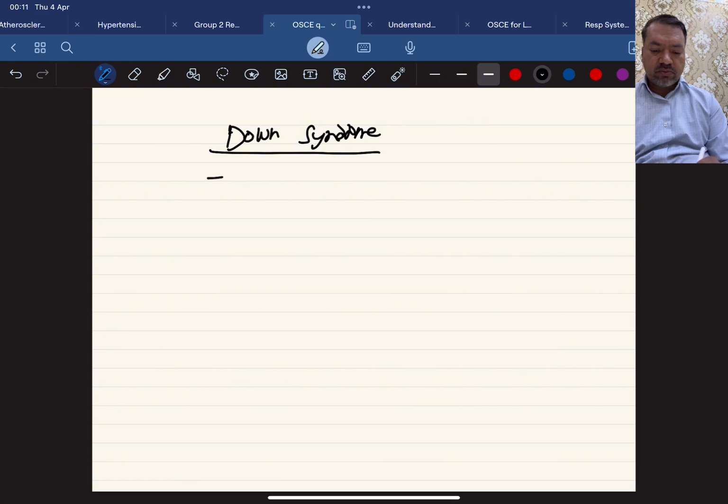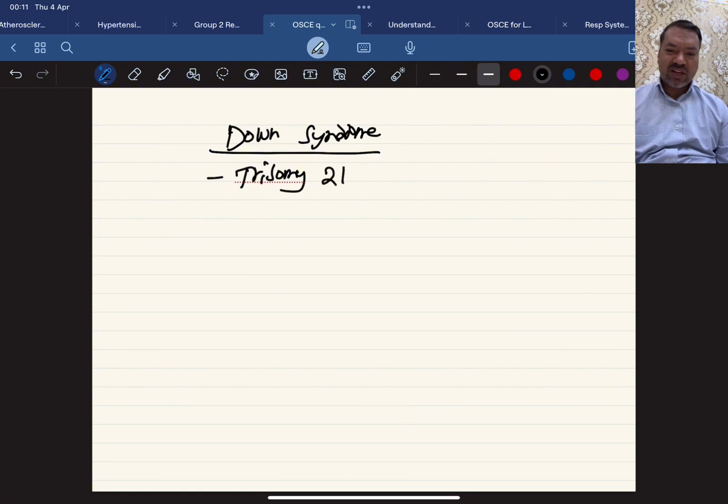Now Down syndrome, first is the karyotyping. The karyotyping is 47. Sorry, this is trisomy 21. Trisomy 21 means there is one extra 21 chromosome.